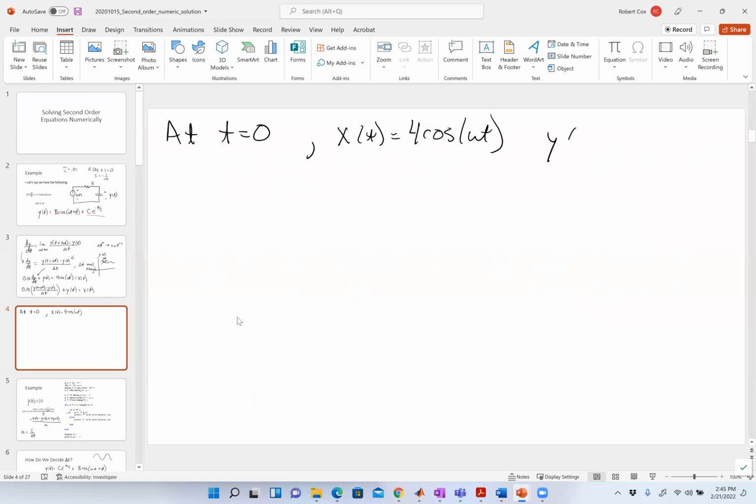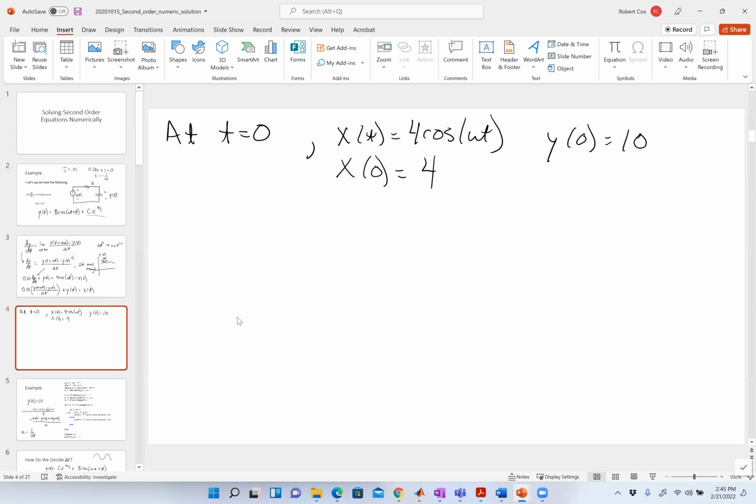And I know that y of 0, in this case, I said was equal to 10. So at t equal to 0, I can plug in 0 and see that this is equal to 4.